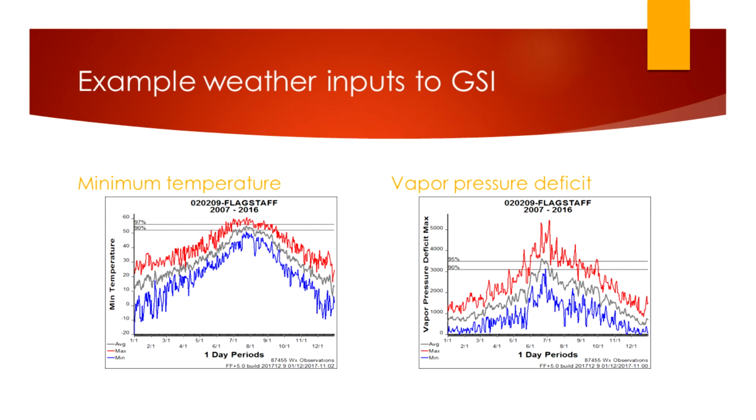If we look at some examples of weather, we can see how this works. So we can see that as we increase in minimum temperature, we reach a point where we get above that freezing threshold. And this area in between here really is the outer limits of the growing season.